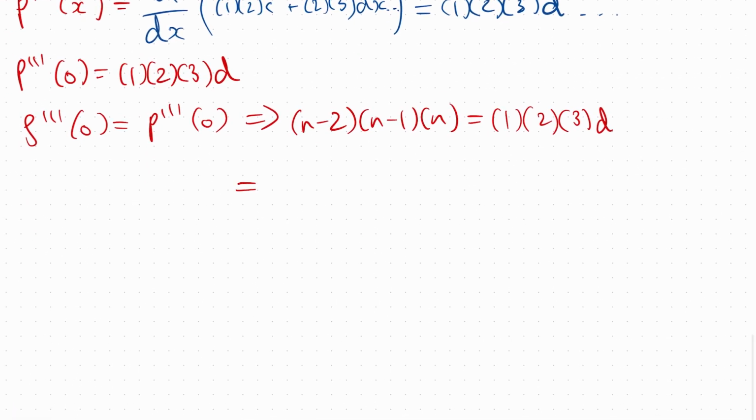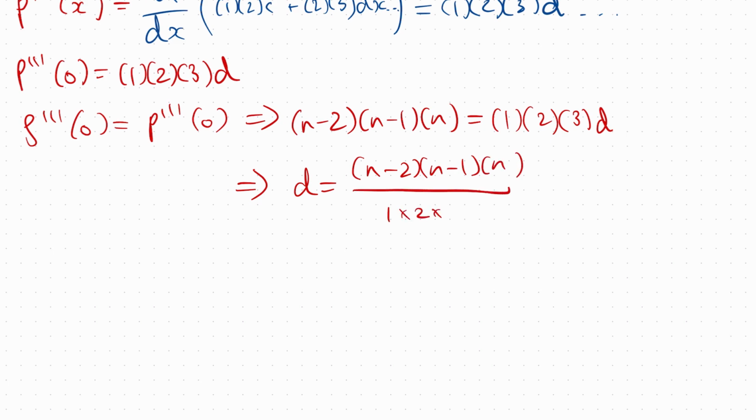So therefore, d is equal to n minus 2, n minus 1, n over 1 times 2 times 3.